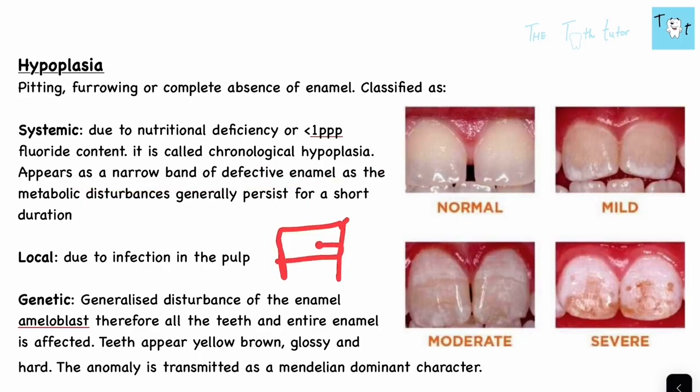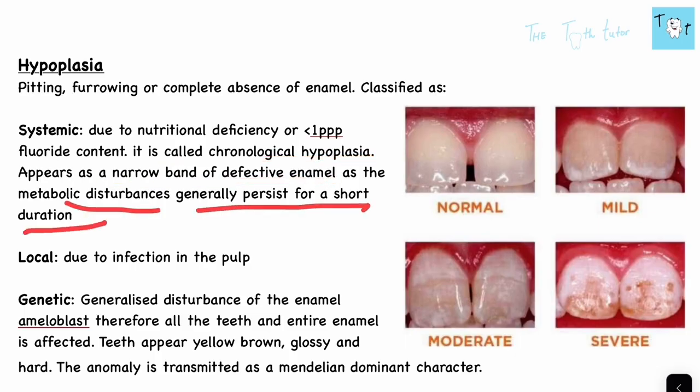Maybe for a period of 1 year, you were having water that had low fluoride content. So this portion of the enamel was hypoplastic. It appears as a narrow band of defective enamel due to metabolic disturbances because they generally persist for a short duration and the disturbance will go away. You can see this band. So it's a mild condition.